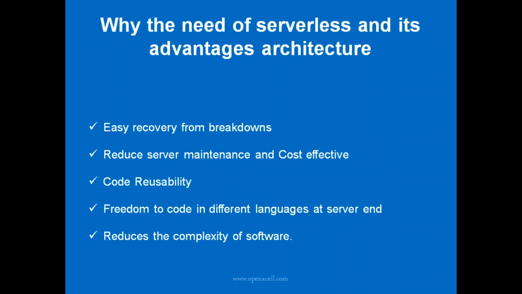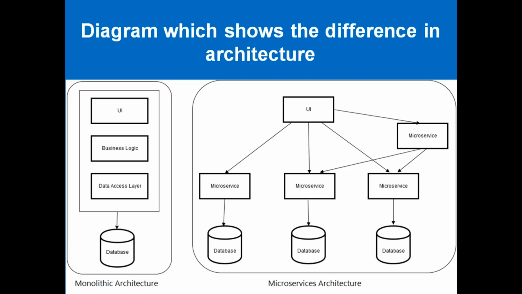Why the need of serverless architecture? Imagine your application is fully functional with a good user base, and suddenly one key feature breaks, which results in downtime of the whole application. Serverless architecture gives us the ability to cope with this type of failures and breakdowns of a large application. If you refer to our previous slide, in serverless architecture, each module was a microservice and independent.